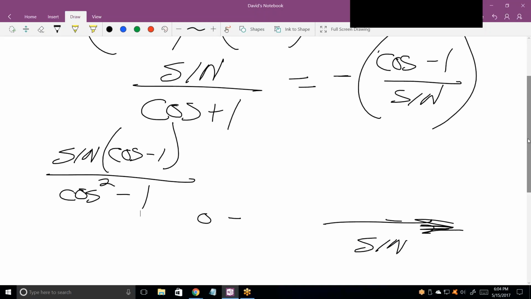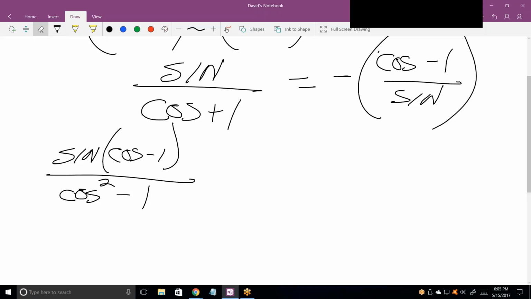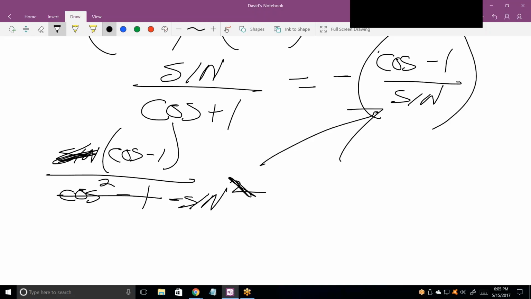Sine squared plus cosine squared equals 1, so cosine squared minus 1 must be minus sine squared. And that means I can cross that out, put a minus sine squared. Now I can cross that out, and now I do have that. I've got cosine minus 1 over minus sine, which is exactly what that is. I can put that minus sign either in the numerator or the denominator or out front, does not matter.